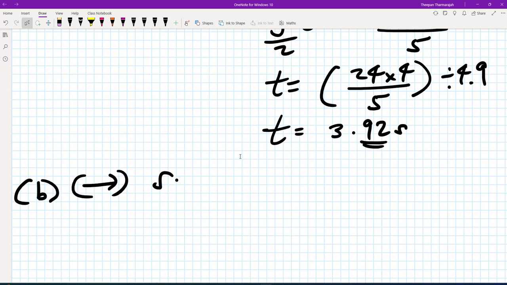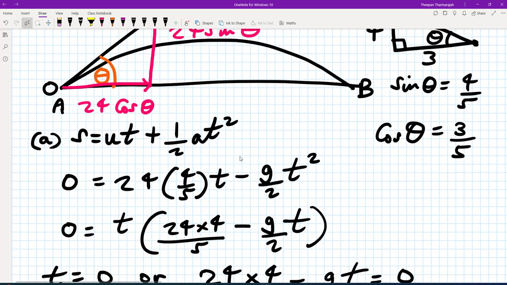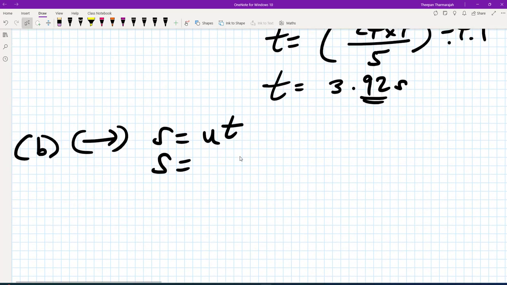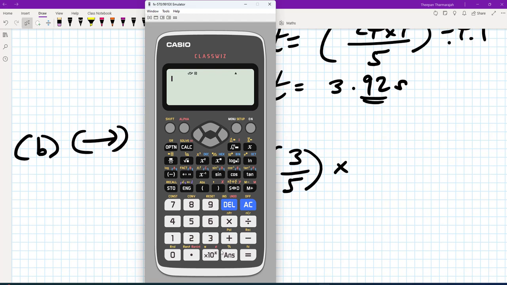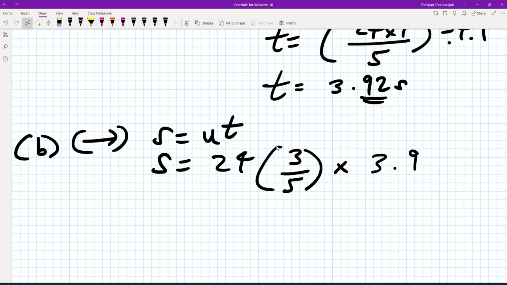Horizontally, s equals u times t. Now we know what t is, so it needs to be the true value of t. So in our case, it's going to be 24 times 3/5 times the true value we had for t, the answer 3.918 and so on.